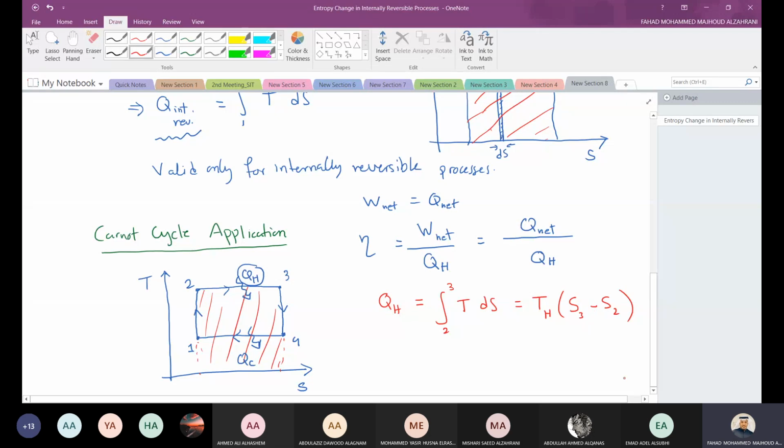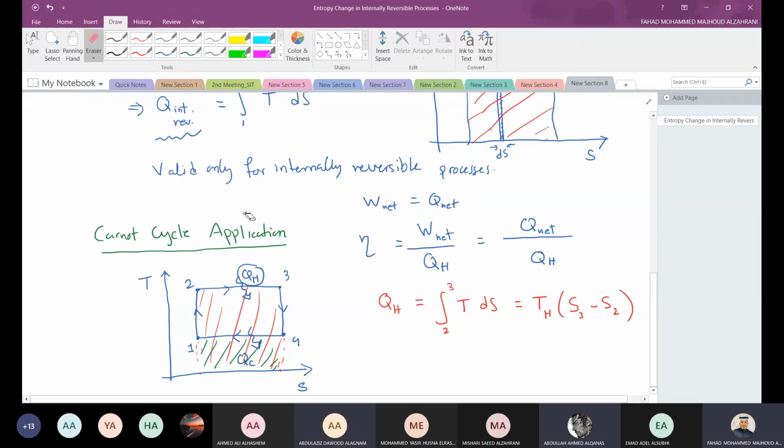Okay, let's look at the Q cold. The Q cold will be basically this area here. Okay, what will happen?